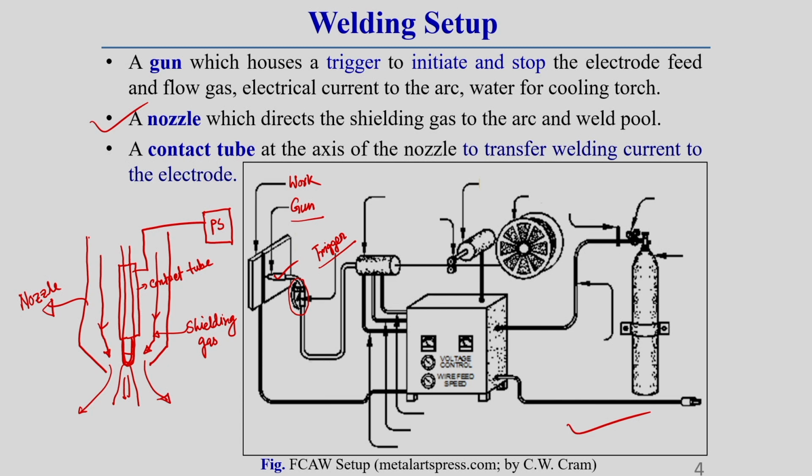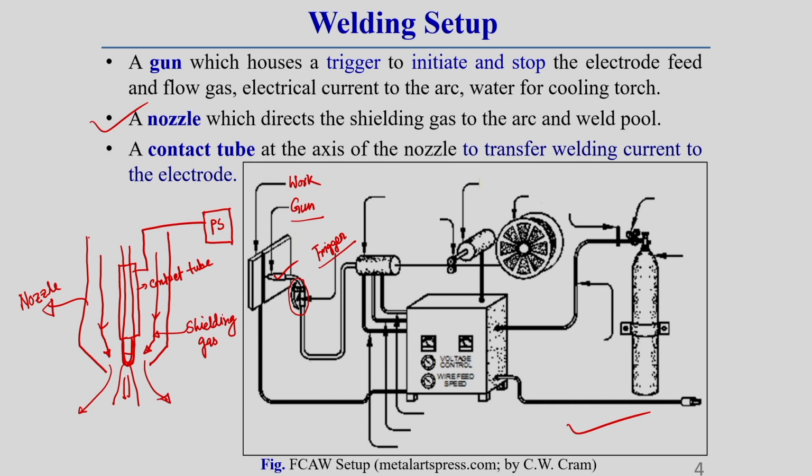Hoses means pipes. The cables are used to supply electricity, and the hoses or pipes are used to supply the gases required to protect the weld pool as well as the arc from atmospheric contamination.